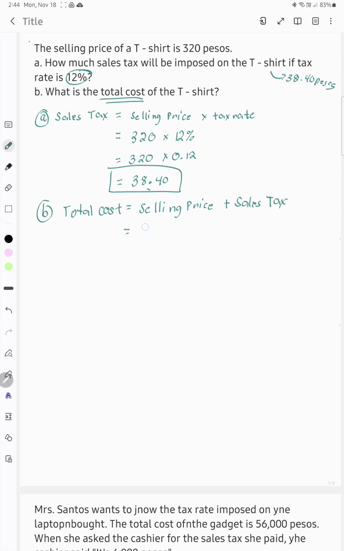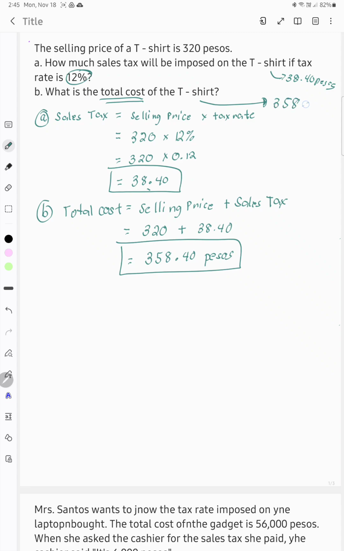Selling price is 320 pesos plus the sales tax of 38.40. When we add that, that would be 358 pesos and 40 centavos. So when you pay for this t-shirt, that would be 358.40 pesos. That is our first problem.